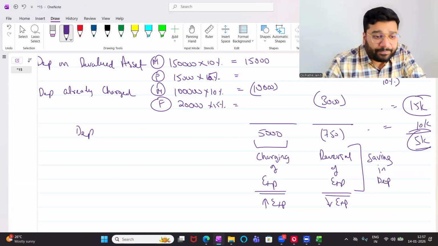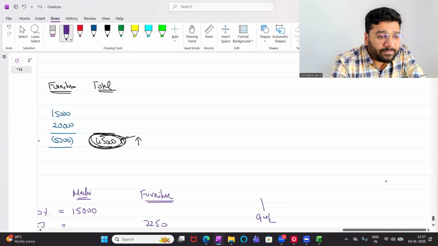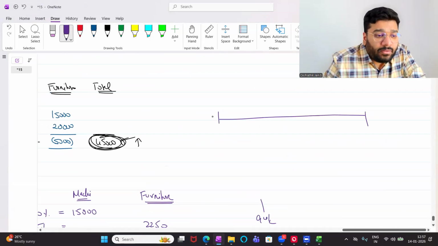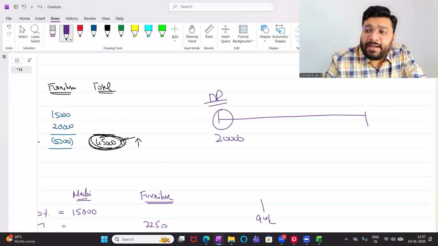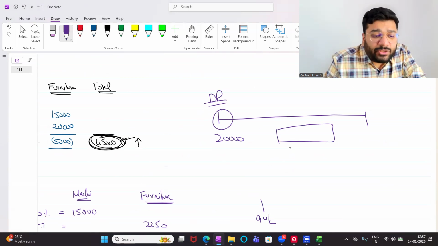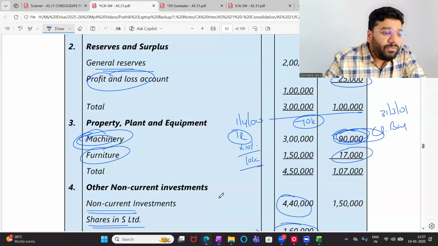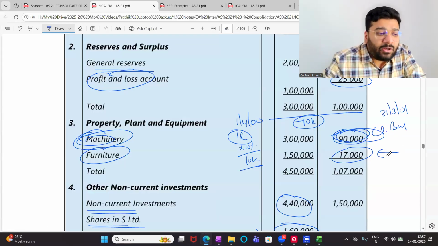Now listen to me very carefully. I'll tell you what happened in the past. At the beginning of the year, the value of the furniture was 20,000. Am I right? The depreciation you charged during this period is 20,000 into 15%, which is 3,000. From 20,000, if I minus 3,000, the closing balance is 17,000. If you come back to the balance sheet, am I getting 17,000 here or not?